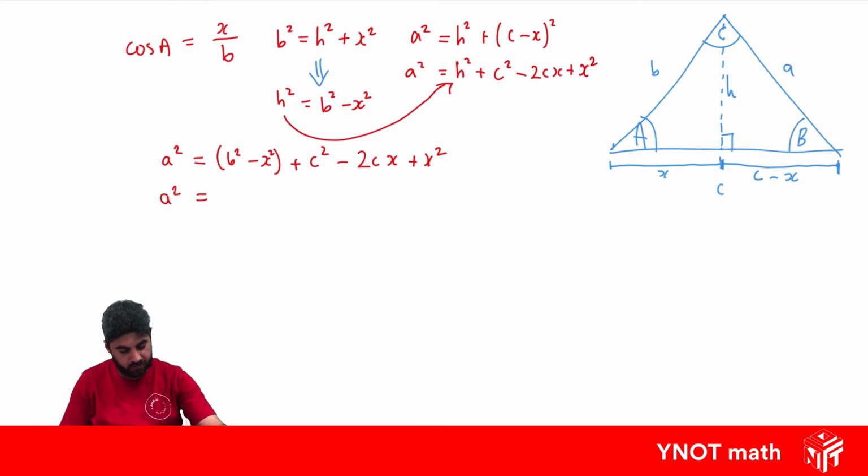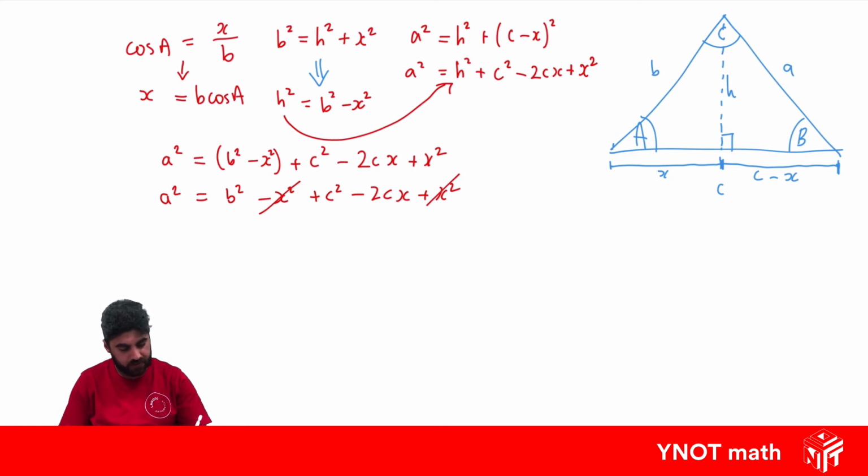So we can tidy this up by saying that's b squared minus x squared plus c squared minus 2cx plus x squared. Well, minus x squared plus x squared cancels out. And just using our third equation that we make, let's make x the subject. So we'll times both sides by b. So we get x equals b cos A.